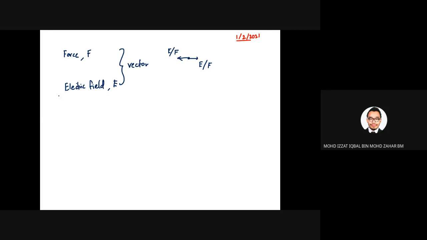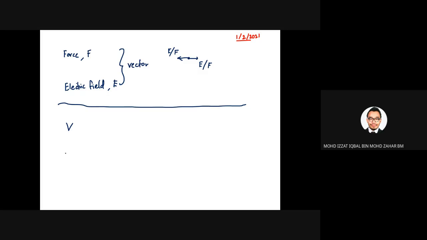But today, what we're going to learn is about a scalar quantity. In the next few chapters, subtopic 11.3, we have potential. I'll just summarize a little bit the quantities that we learn.